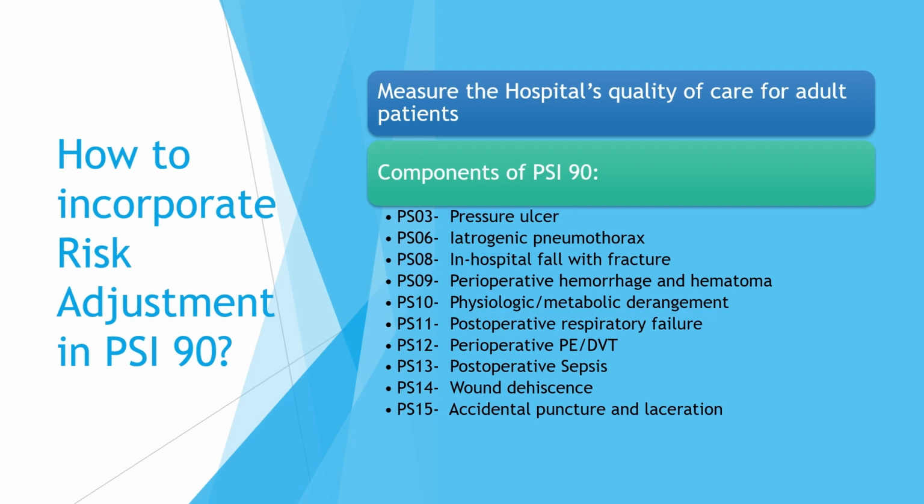Components of PSI 90. PSI 03, pressure ulcer. PSI 06, iatrogenic pneumothorax. PSI 08, in-hospital fall with fracture. PSI 09, perioperative hemorrhage and hematoma. PSI 10, physiologic/metabolic derangement.